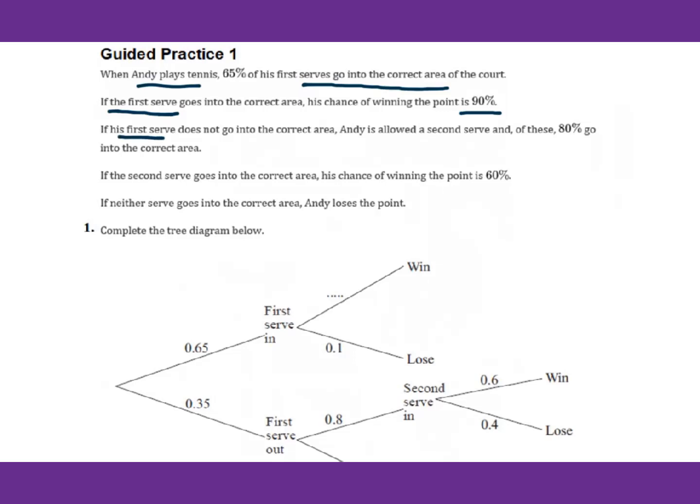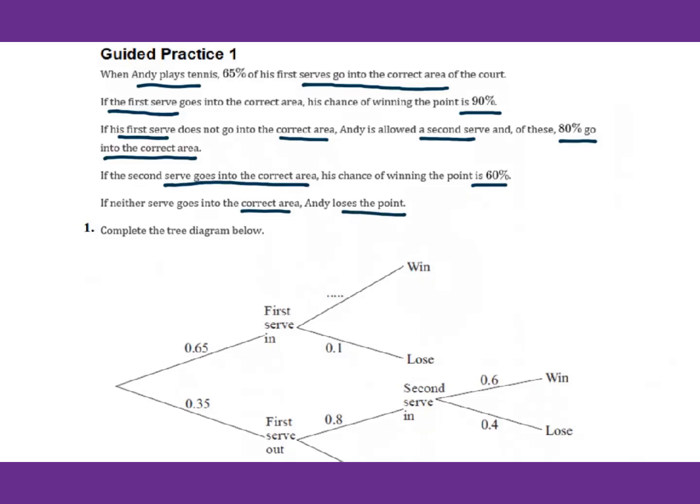If his first serve doesn't go to the correct area, Andy is allowed a second serve, and of these, 80% go into the correct area. If the second serve goes into the correct area, his chance of winning the point is 60%. If neither serve goes to the correct area, Andy loses the point.